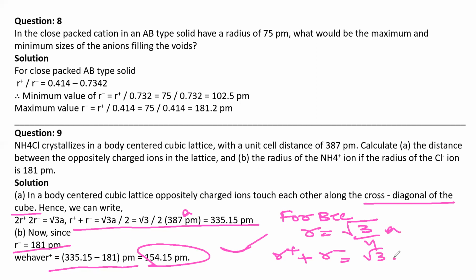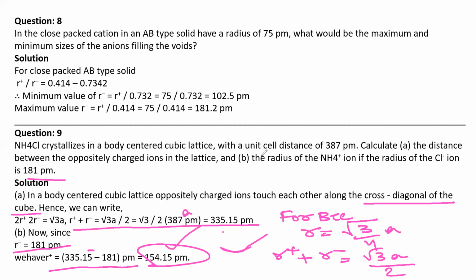Simply we have to multiply it by 2. So applying this formula, we got r plus plus r minus, which is equal to 335.15 picometers. Straight away, we can find r plus, because r minus is given in the question as 181 picometers. So r plus, the radius of the cation, is equal to 154.15 picometers.